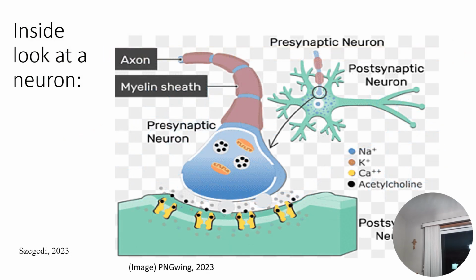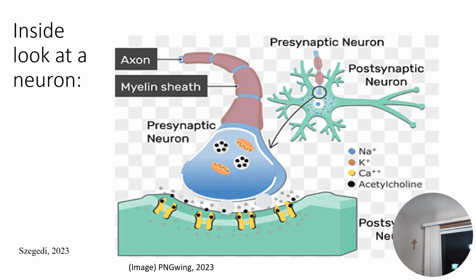Okay, so let's look inside a neuron. In this diagram, you see the presynaptic neuron, the axon, which is over here. The presynaptic neuron is this area here. And the postsynaptic neuron, which is the green. They're highlighting it up here also.